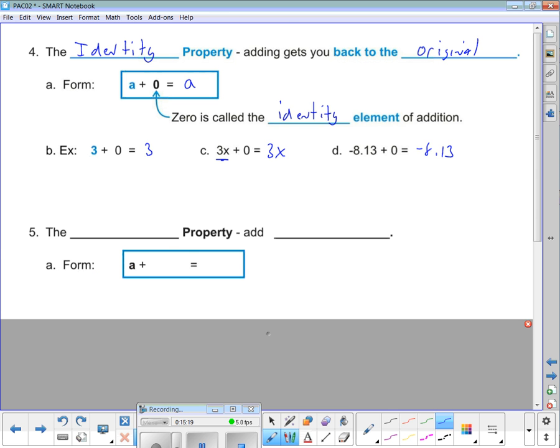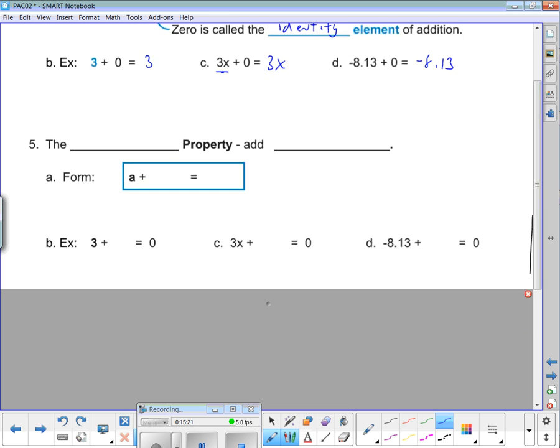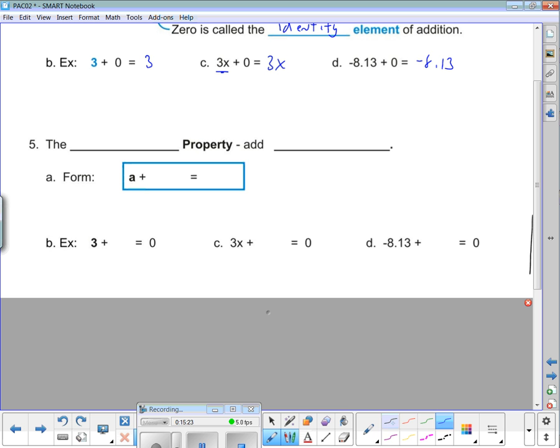All right, the last property is probably the one that students have to think about the most, but I always tell them this. Look, commutative is the order. So if it's not that, that one's not identity. If you know the grouping changed, you know that's associative. If it's back to the original, that's identity, and it's not this one.